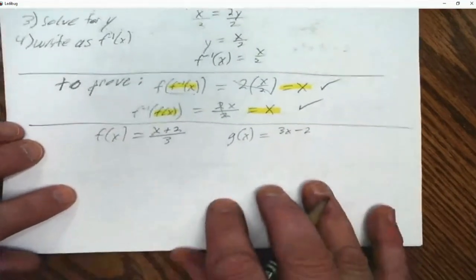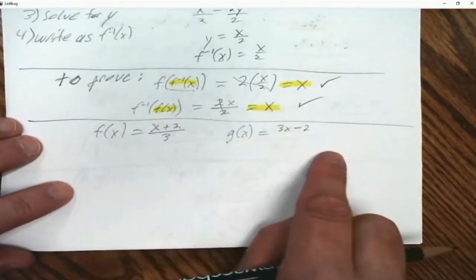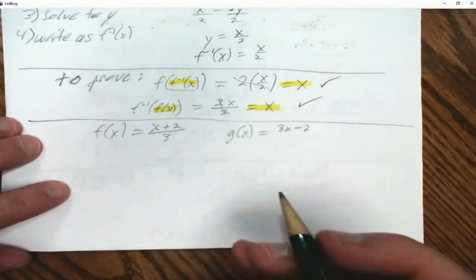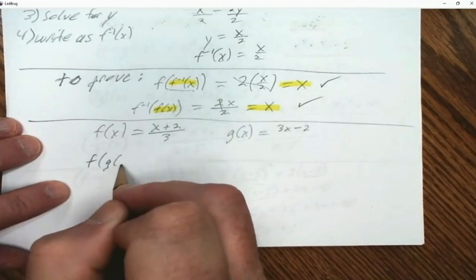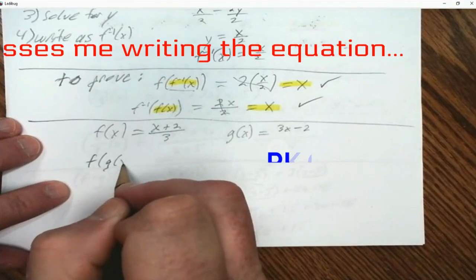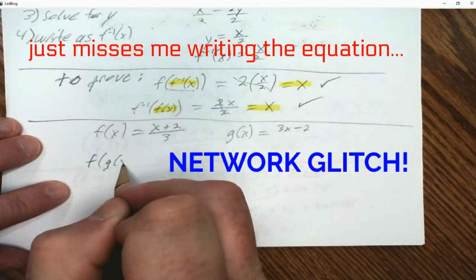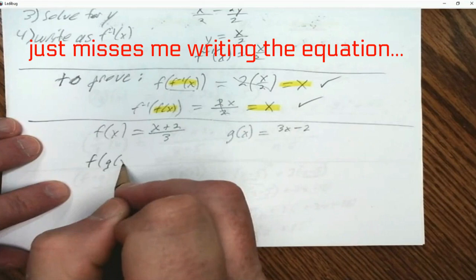So let's try that. Let's see if these are actually inverses, because I just made these up. Trying to see if it worked. So f of g of x. See it?